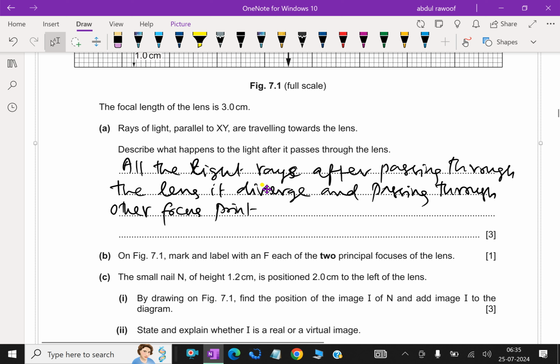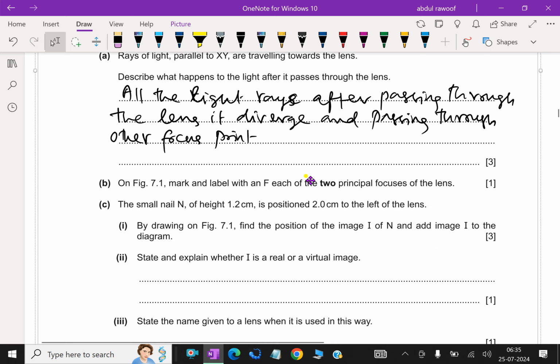It then diverges or spreads out from the point of convergence, 3 centimeters from the lens.